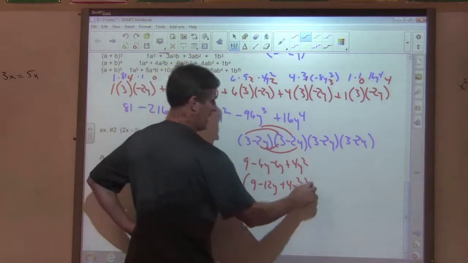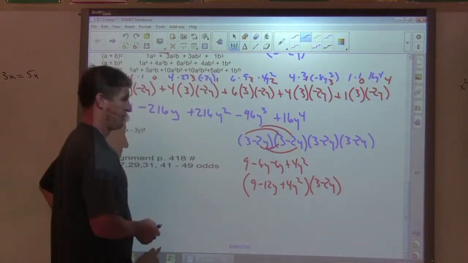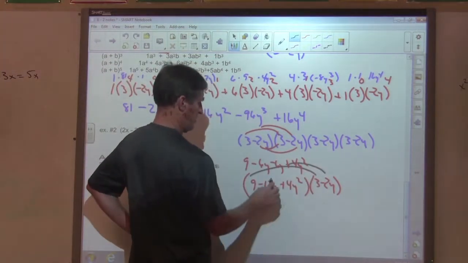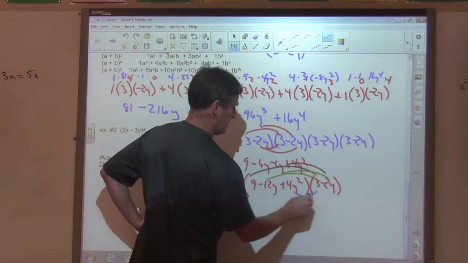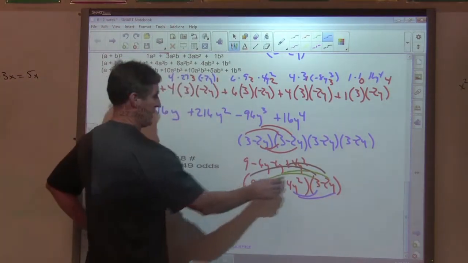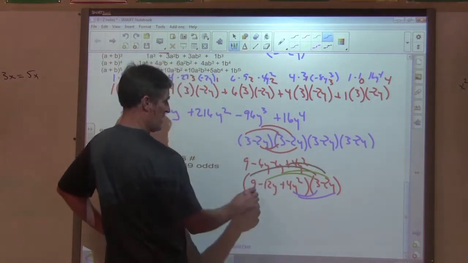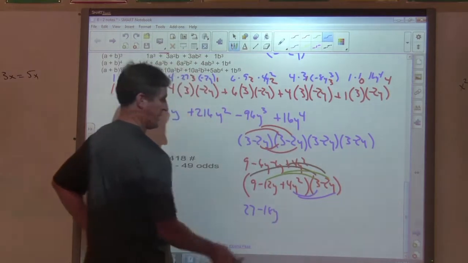Now we have to take that times 3 minus 2y. So there, there, and there. We get 9 times 3 is 27. 9 times negative 2y is negative 18y.